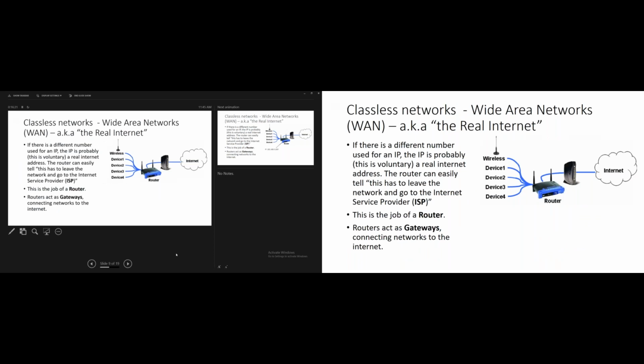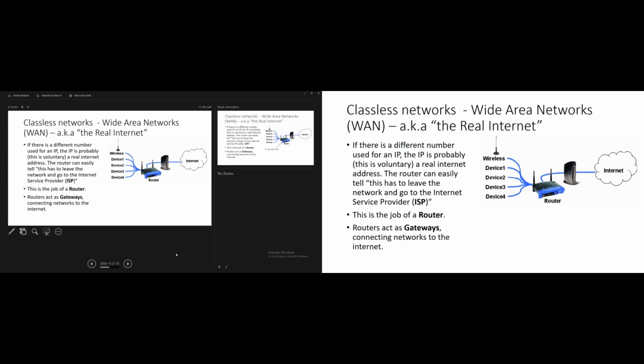Now, a router is an interesting device. A router makes the decision a switch doesn't make. Remember, a switch is concerned about MAC address. Routers are not concerned about MAC address. Routers are concerned about IP. Routers understand 2 things, inside or outside. I'm going to say that again. Router understands 2 things.